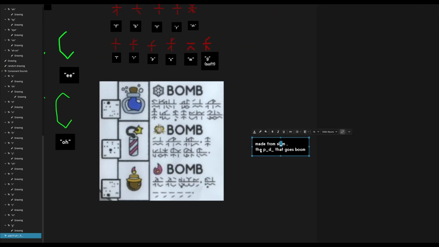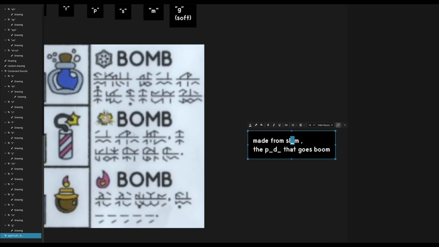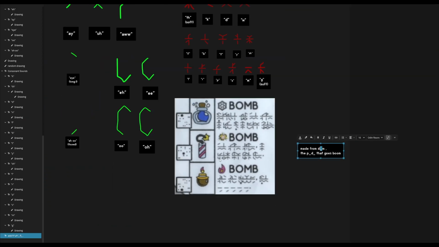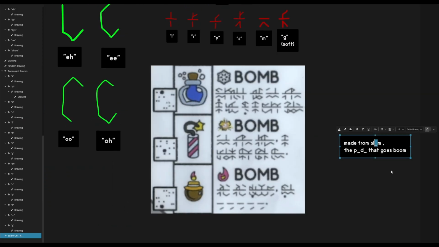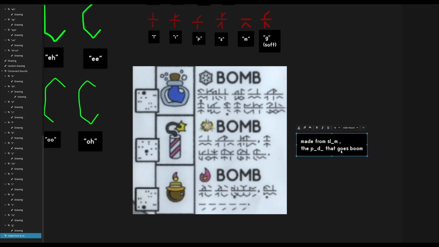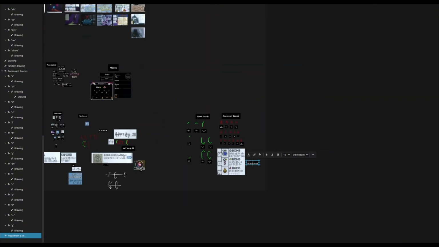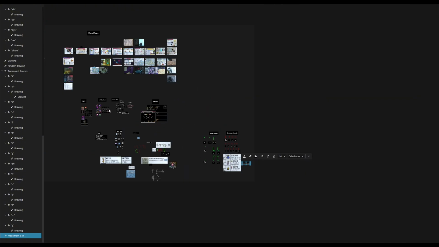Okay. Because this looks to me like maybe made from slime. Okay. What does this circle mean? Because I can't translate either of these because there's no I don't know what the circle means. Where have I seen that?